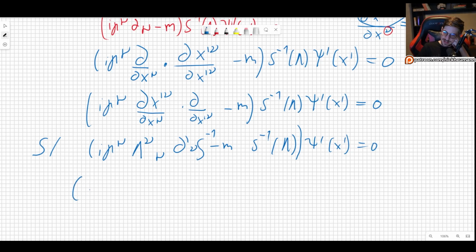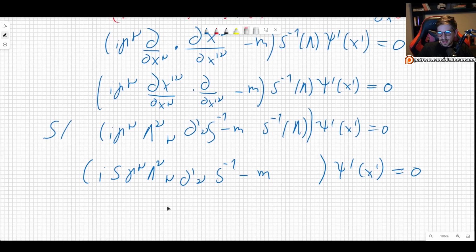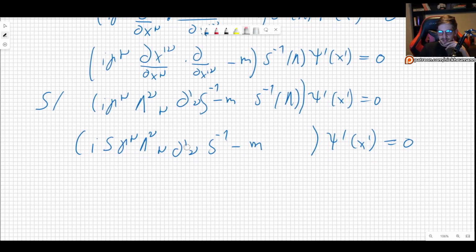Then we have i S gamma^mu lambda^nu_mu d prime_nu, and then we have S^-1 minus m. It's simply a constant, which is why we can put it to the left. Here I'm just not writing the lambda dependence: psi prime of x prime equal to 0. Of course, these two cancel out, and now we have this mess over here.